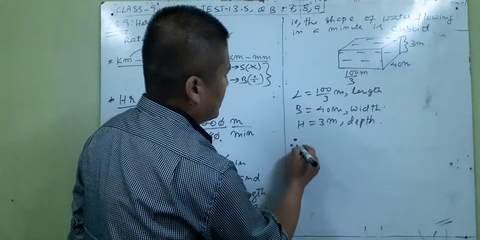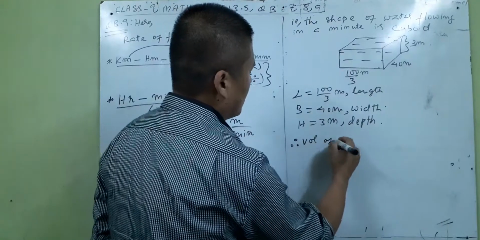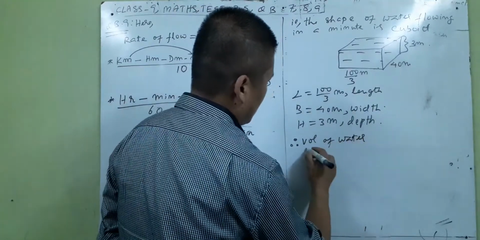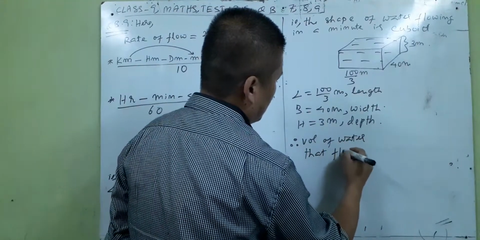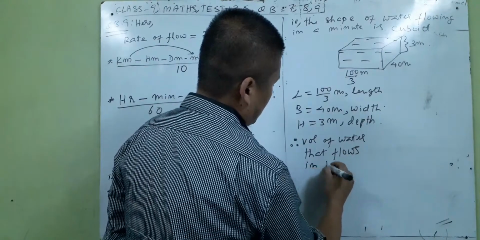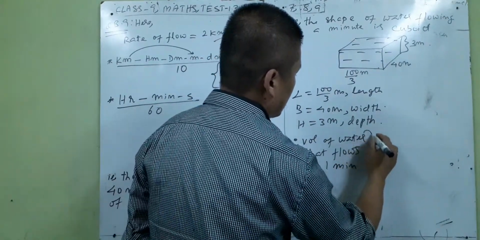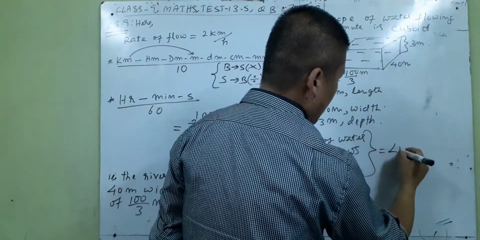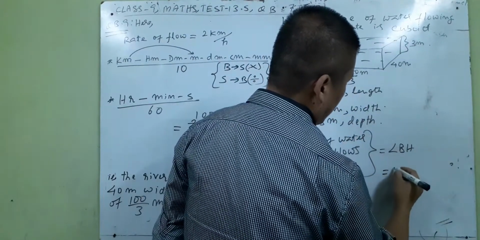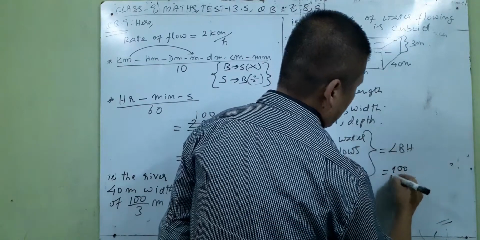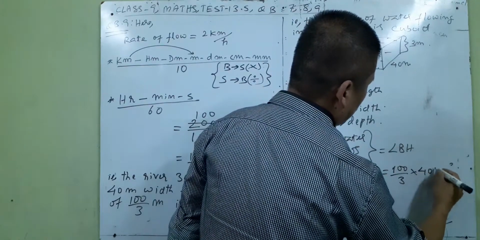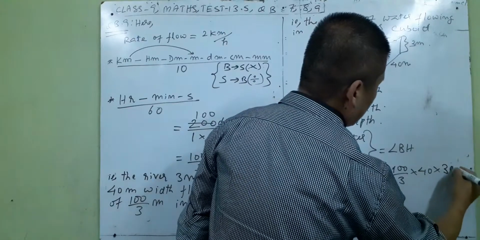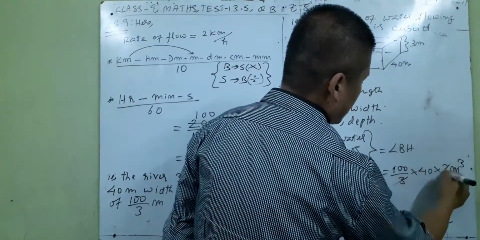So if it is LBH, then you can say volume of water that flows in 1 minute will be this. This is the one, so that is cuboidal shape, LBH. So that will be L is 100 by 3 into B is 40 into H is 3 and volume meter cube. So these 3 cancel.